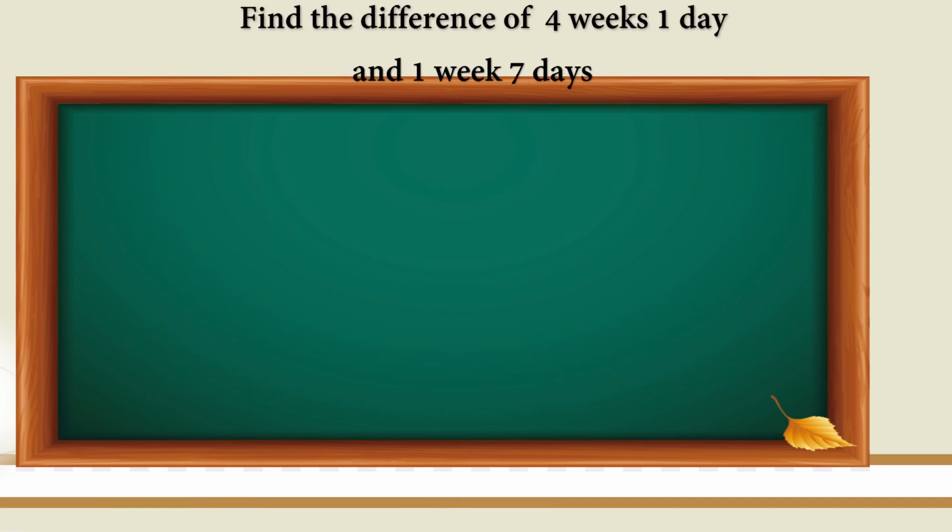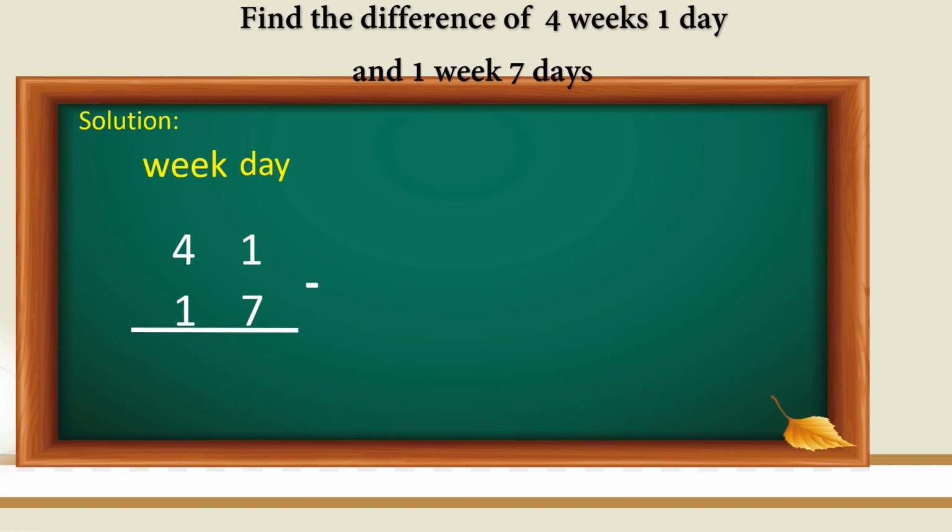Find the difference of 4 weeks, 1 day, and 1 week, 7 days. For our solution, let's write again the two units, week and day. And let's write 4 weeks, 1 day, and 1 week, 7 days, and the minus sign. Have you noticed that the minuend is smaller than the subtrahend in days?